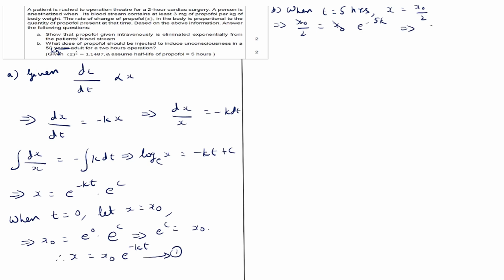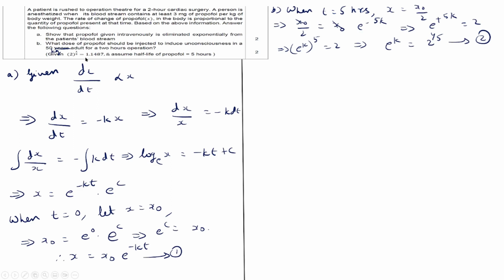If we cross multiply, we get e raised to plus 5k equal to 2. e raised to 5k is nothing but e raised to k the whole raised to 5 equal to 2, or from this we have e raised to k equal to 2 raised to 1 by 5. Let us take this as equation 2. So this is a relation for e raised to k. Here deriving the model carries 2 marks and finding a relation for k carries 1 mark. The remaining part and the final answer will carry 1 mark.